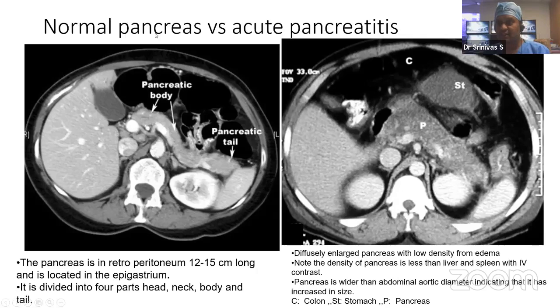Here this is a CT scan of the abdomen. This is the normal pancreas. You can see here, this is an acute pancreatitis. How do we know that this is an acute pancreatitis?